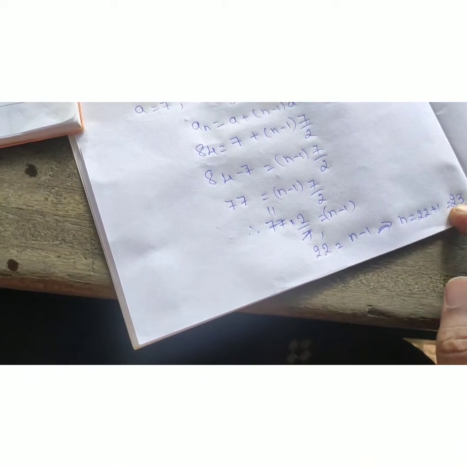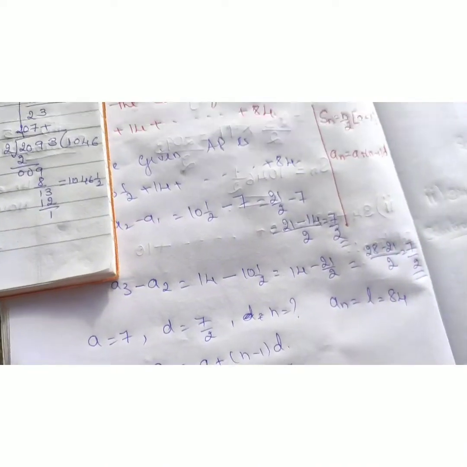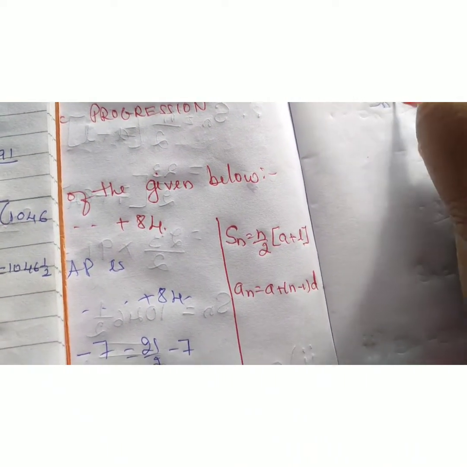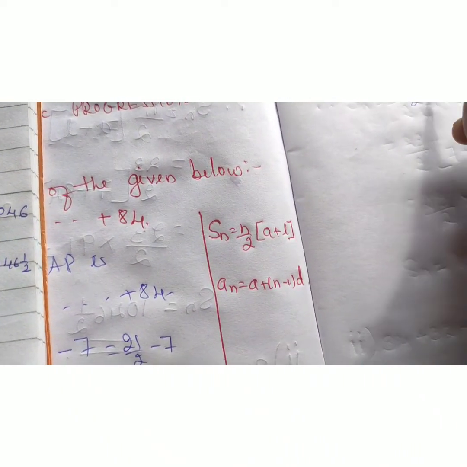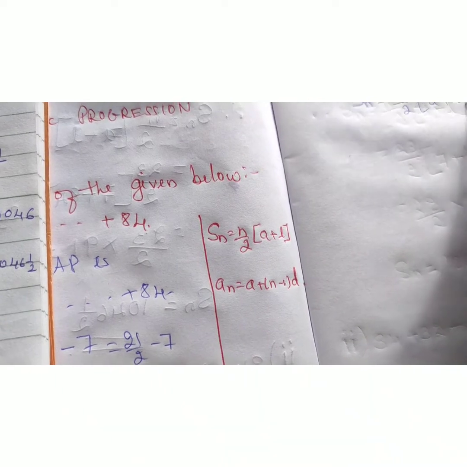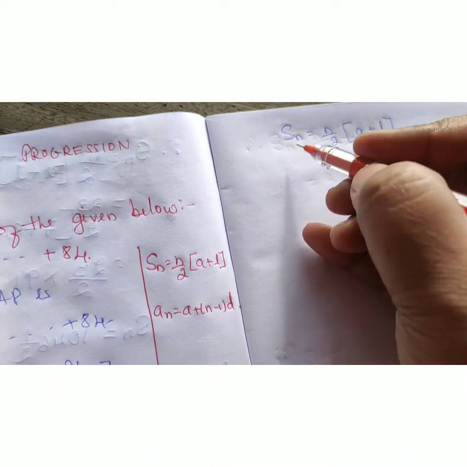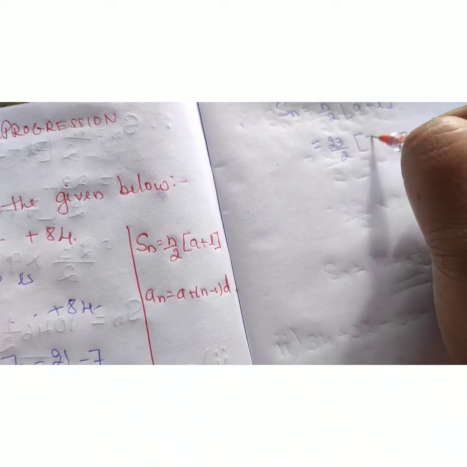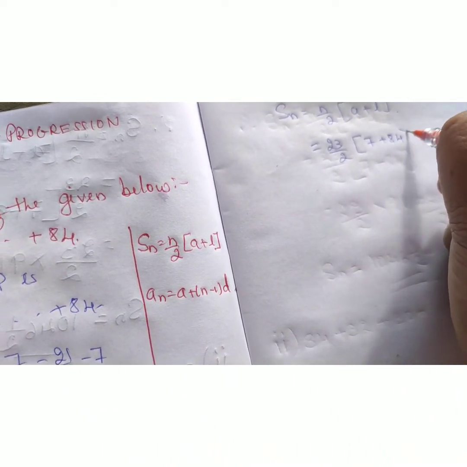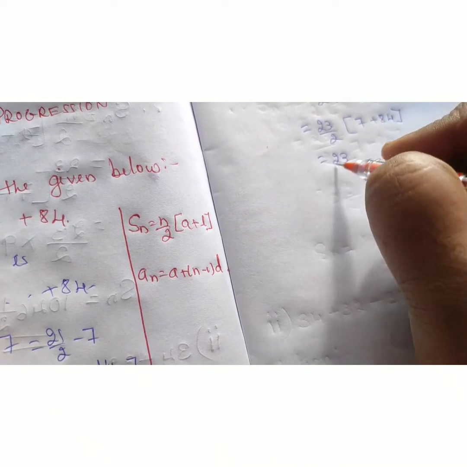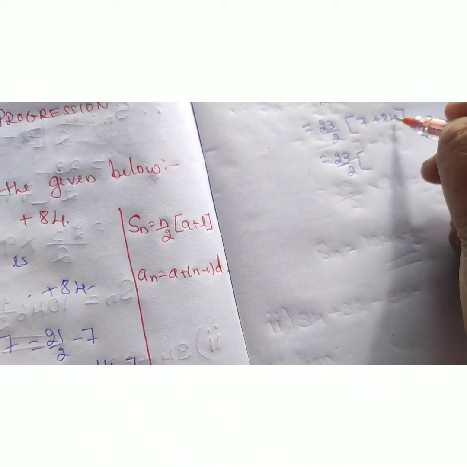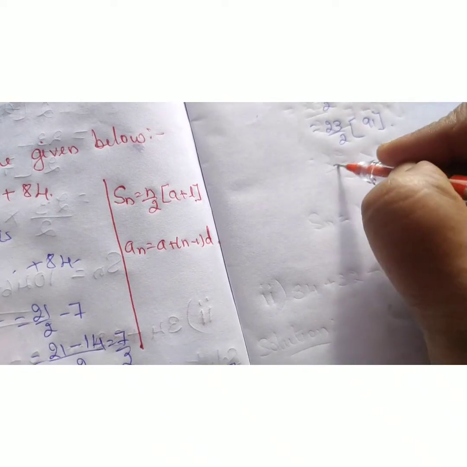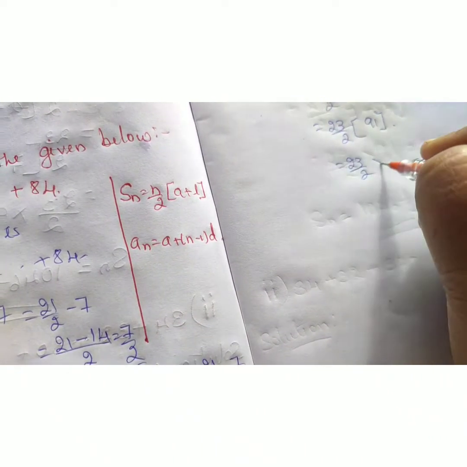That n is equal to 23 we have to put into the sum formula. So the sum is Sn is equal to n by 2 (a plus l). Here 23 by 2, a is 7 plus 84, so 91. So you have 23 by 2 into 91.